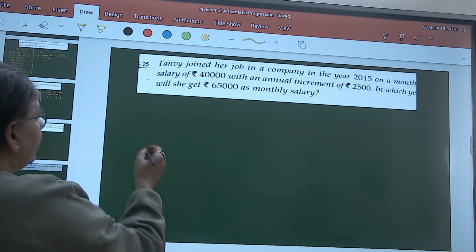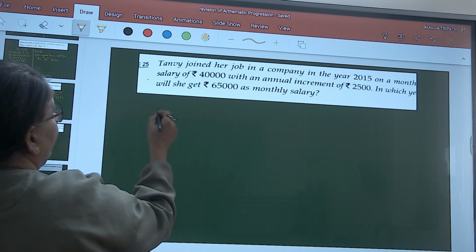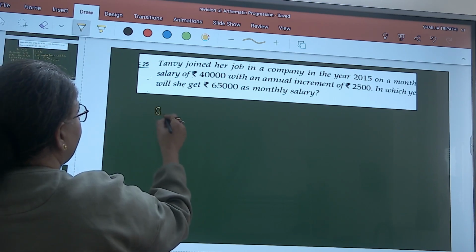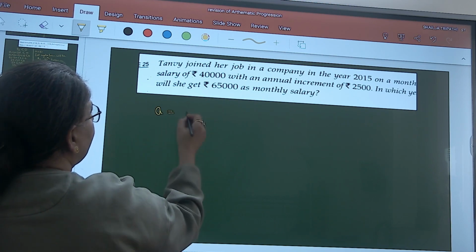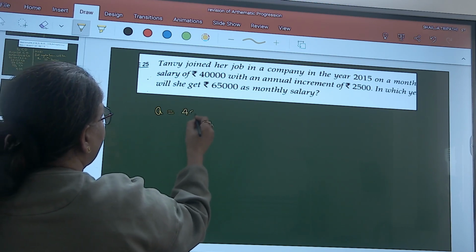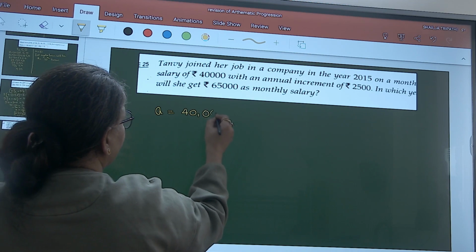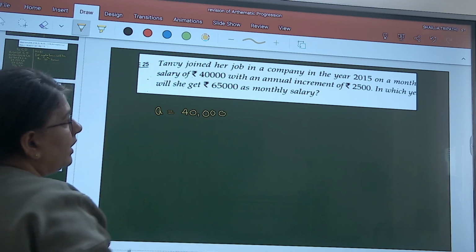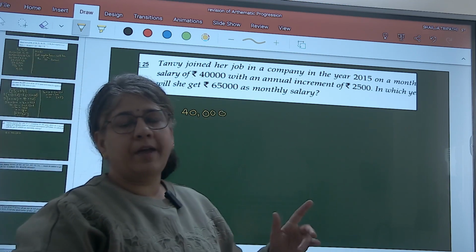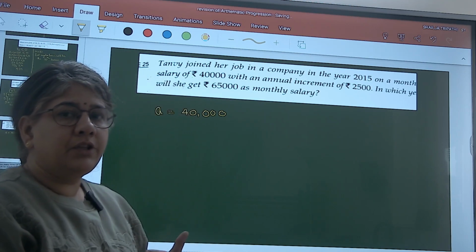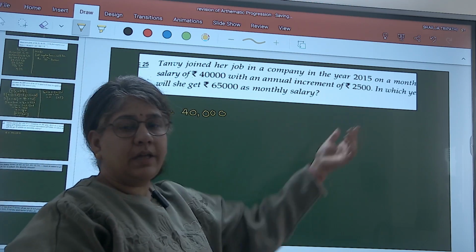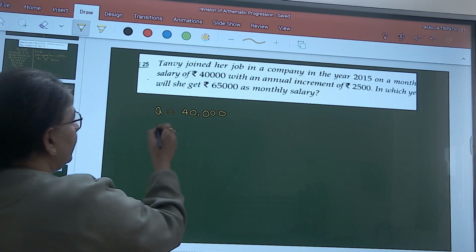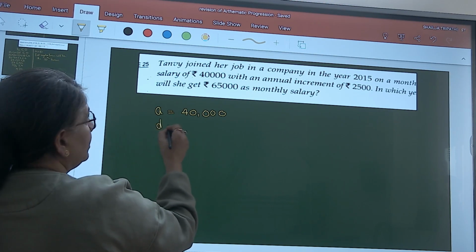So here what we are given, a is given, that is the salary when she is beginning. a is 40,000. And the annual increment is 2,500. That is, each year this much will be the increase. That is, the common difference d will be 2,500.